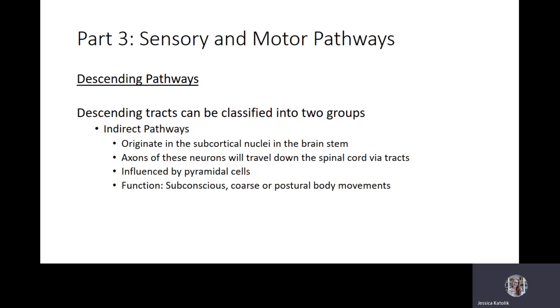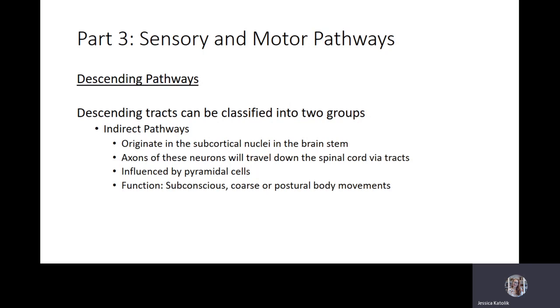It was initially thought that these indirect pathways were completely separate and not influenced by the pyramidal cells or the direct pathways. And so they used to be called extrapyramidal pathways.